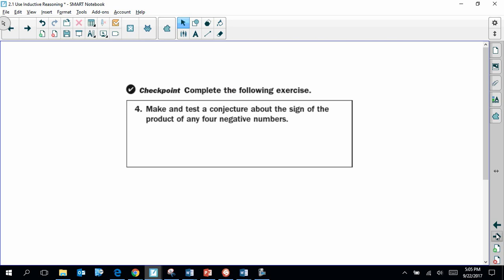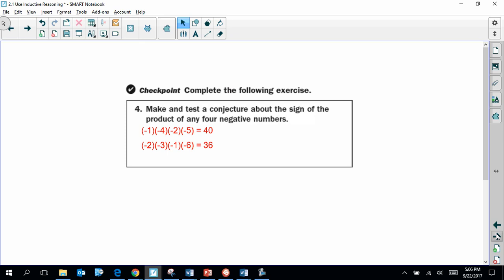All right. Ideally, you have a nice answer, a good conjecture where you were able to develop it based off of something that you created, where you're looking at a pattern. Now here, what I did is I just took 4 negative numbers. It doesn't say consecutive or anything like that, so I just took 4 negative numbers and multiplied them together. The first set of numbers I multiplied together, I got a positive 40.